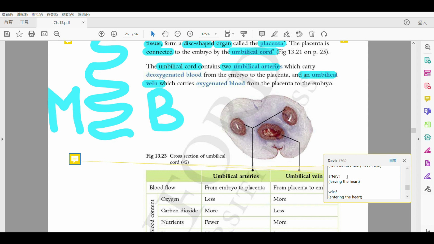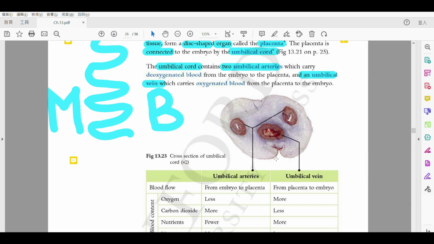What is artery? 就係 leaving the heart. What is vein? 就係 entering the heart. 最尾一樣啦，What is embryo? 簡單嚟講，think of the embryo as a heart, as another heart. 得唔得？OK? So let's continue.